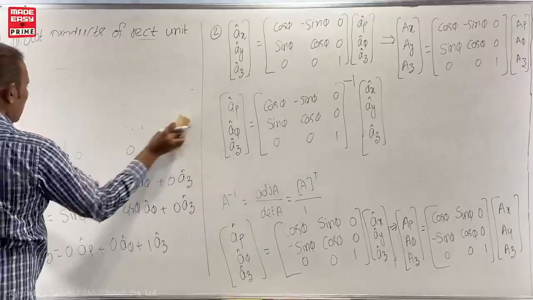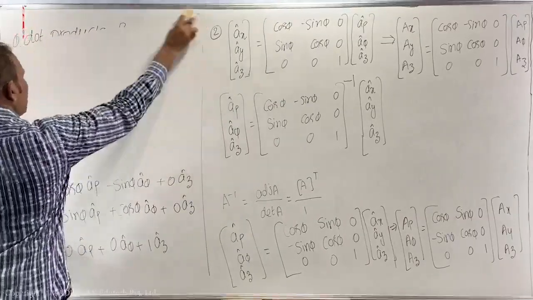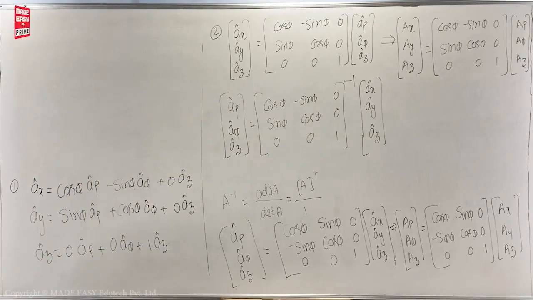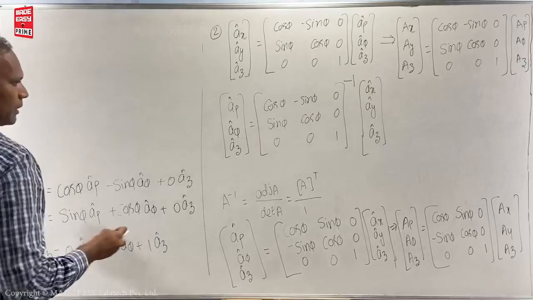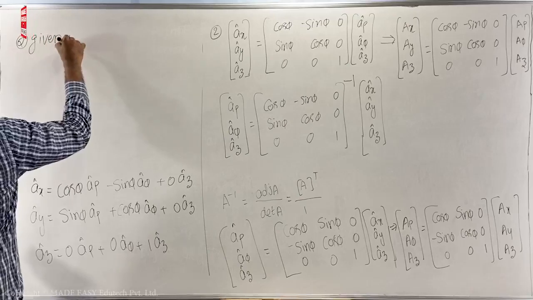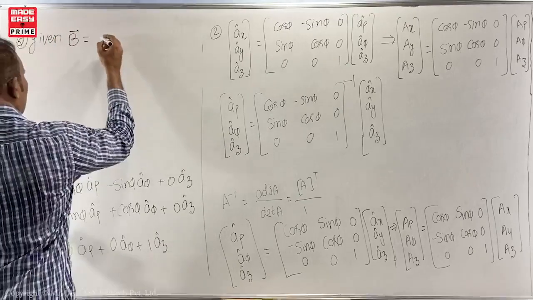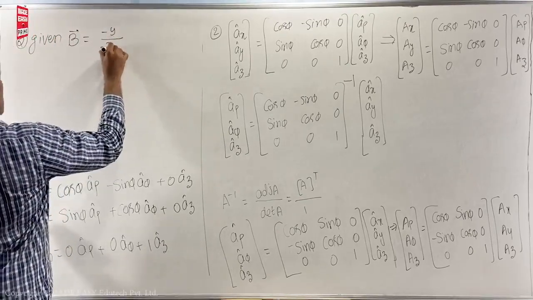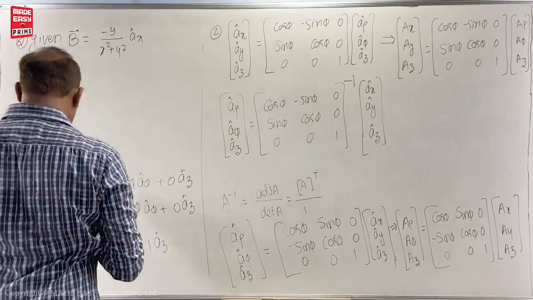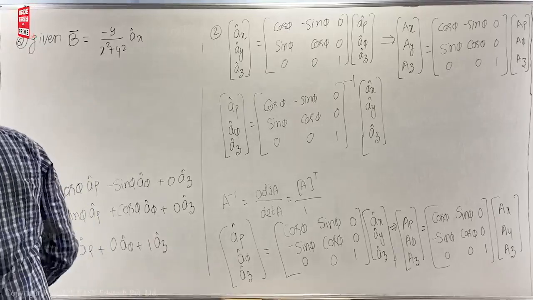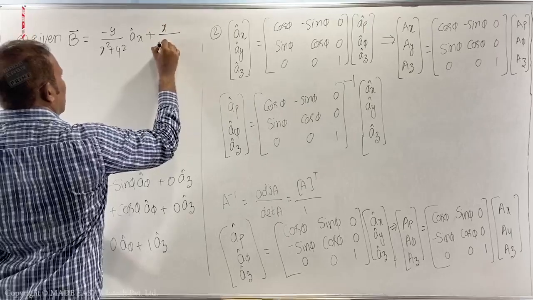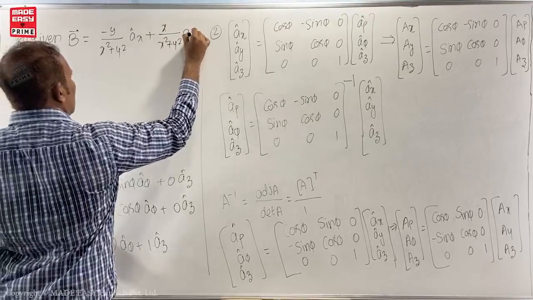So here, you see this one, students. Given b bar vector is equal to minus y divided by x square plus y square ax cap, plus x divided by x square plus y square ay cap.